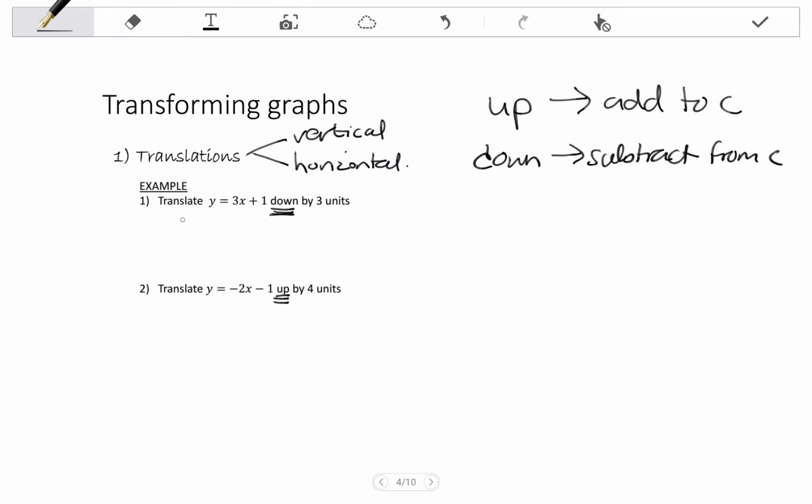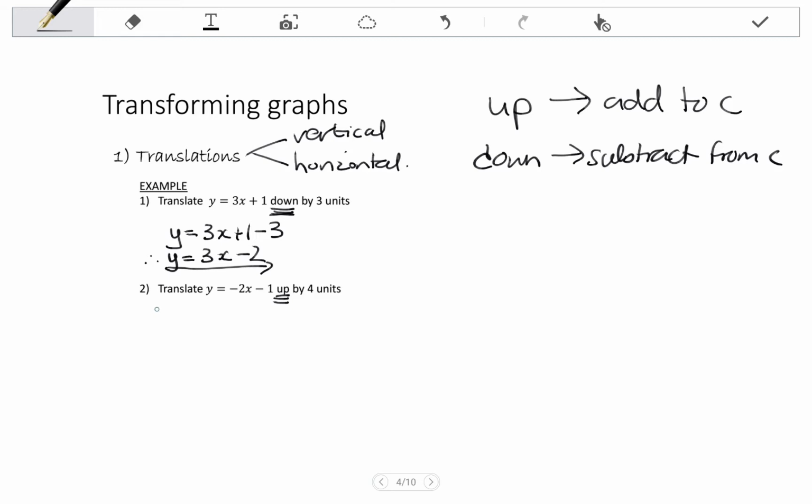Okay, so translate y equals 3x plus 1 down by 3 units. I will have y equals 3x plus 1, and I'm going to subtract 3 from the c. So that leaves me with y equals 3x minus 2 as my new equation.